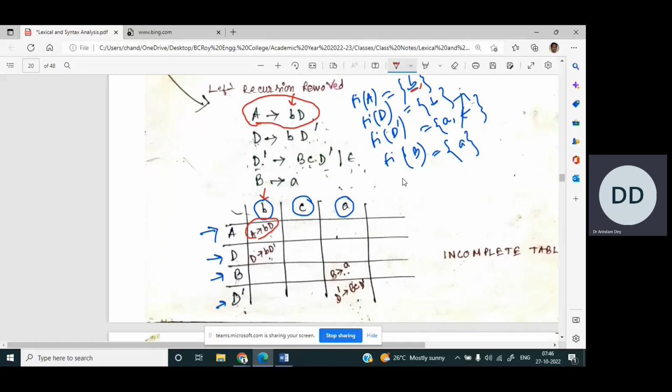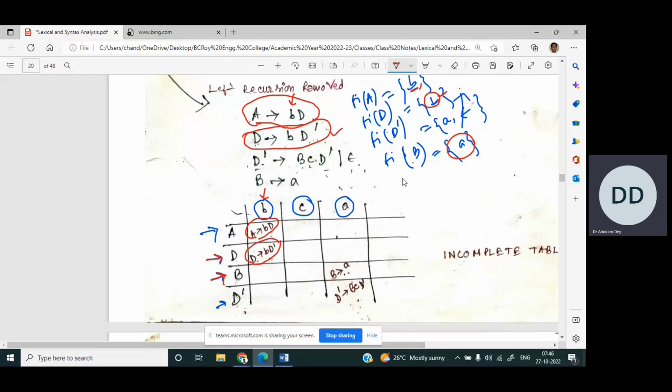Similarly for first of D, capital D, here only small b is there. So for small b, what was the production rule to generate this small b? To generate the small b, this was the production rule: D to B D dash. So D to B D dash we put in this cell corresponding to b for the second row D. Now similarly for the next variable, capital B, the first of capital B is a, right?